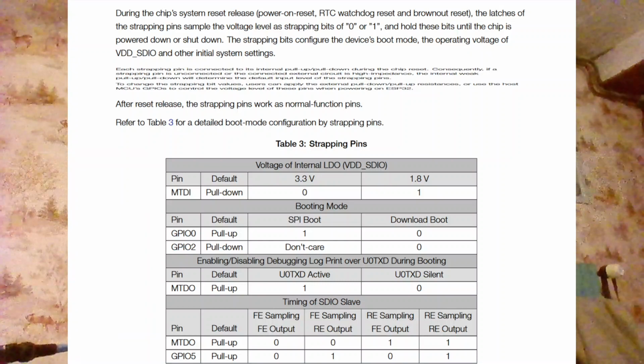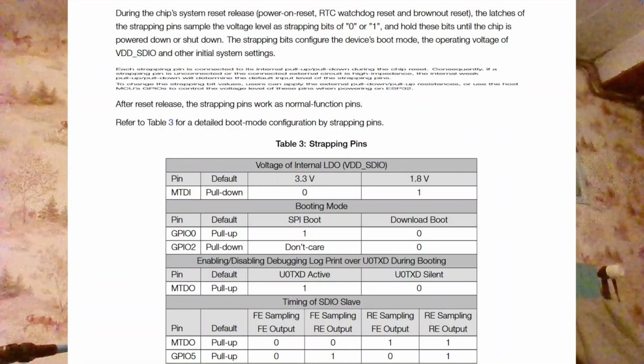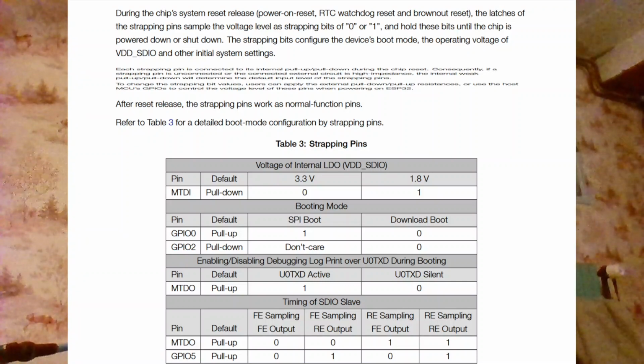So basically, the ESP32 was waiting for a download to be received on the UART port, and nothing was happening because I was sending nothing. Yeah, so this is not what I wanted.